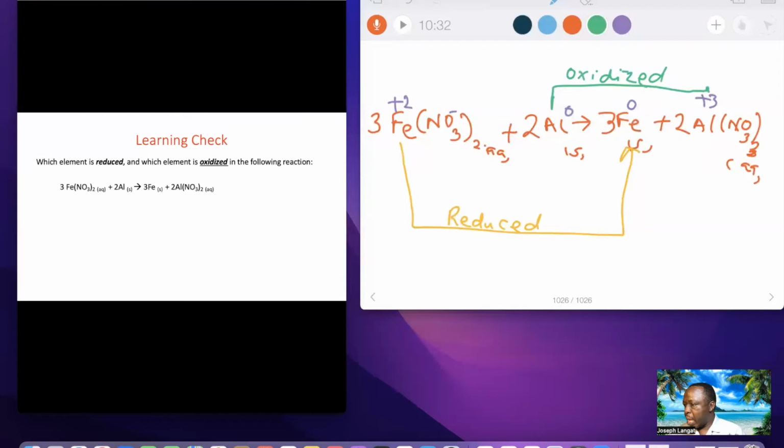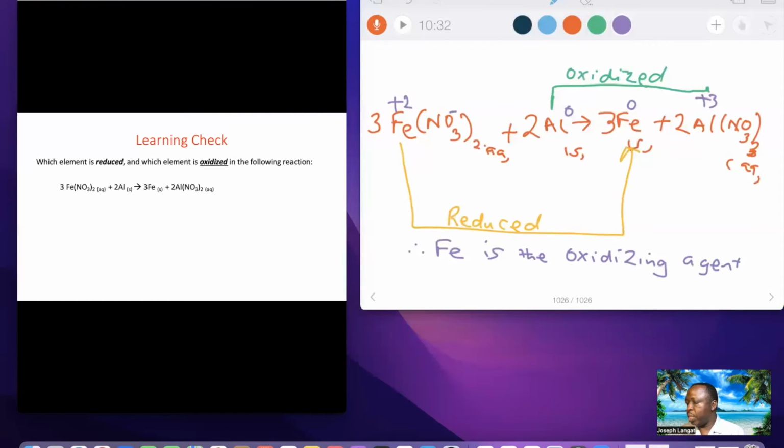We say here, because you may be asked, therefore, iron is the oxidizing agent.